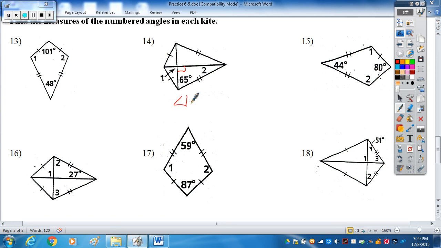So angle 1 will be 90 degrees. Okay? Angle 2 gets pretty simple after that's been identified. You can go ahead and take 180 minus 90 minus 65, and you end up with 25 degrees as the measure of angle 2. Okay?